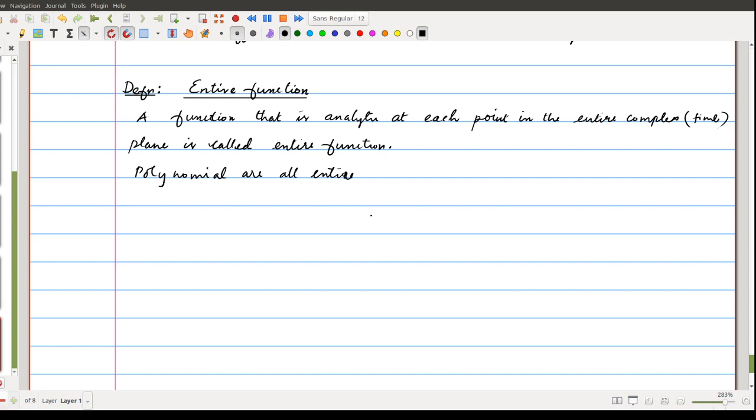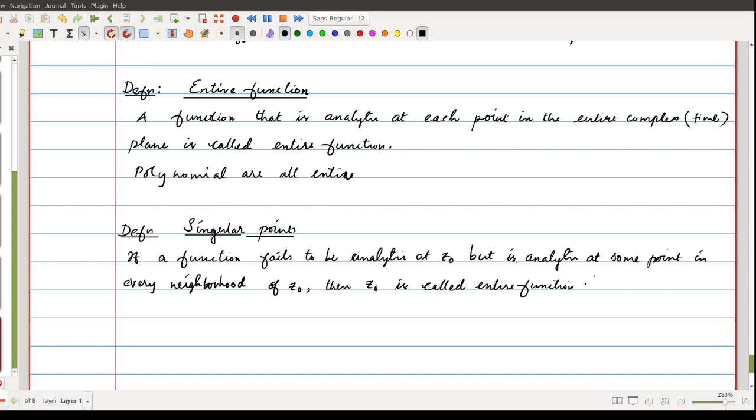Next we can see the definition of singular points. If a function fails to be analytic at z0 but is analytic at some point in every neighborhood of z0, then z0 is called a singular point. That is, for a singular point we need to verify two conditions.